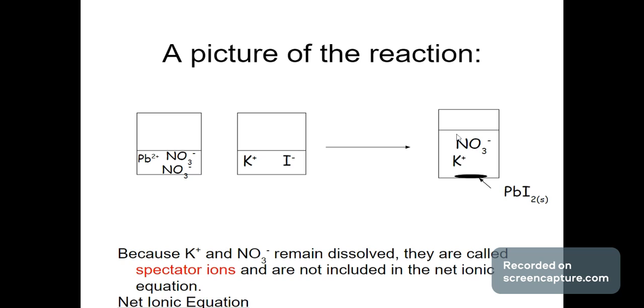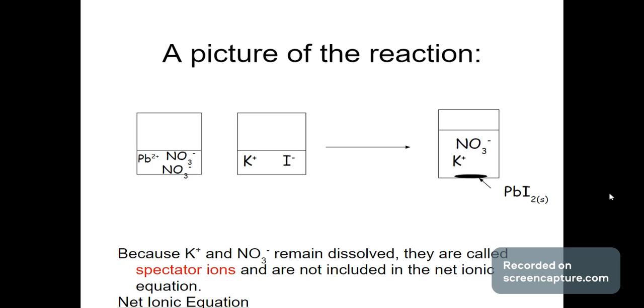And you still have the nitrate and the potassium still in the container even after the reaction. That's because the NO3, which is nitrate, and the K, which is the potassium, are called spectator ions. They do not interact in the chemical reaction. They're just there, present. But then you have the lead iodide that's formed at the bottom.